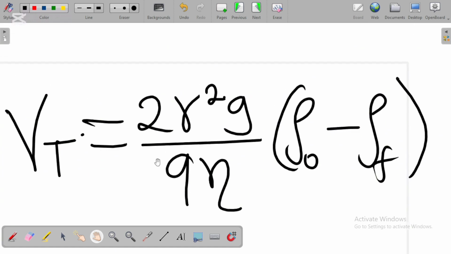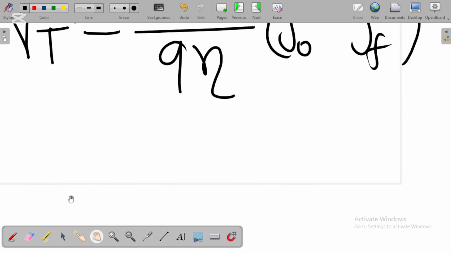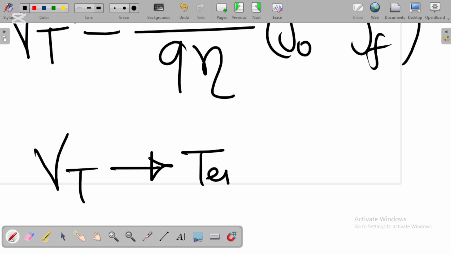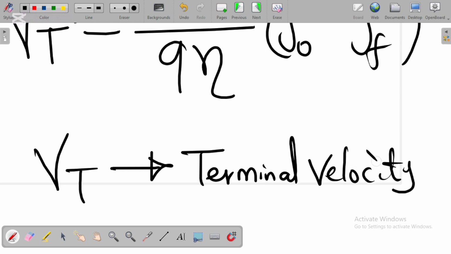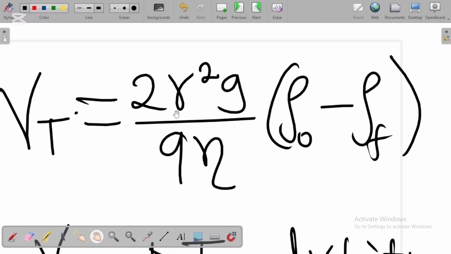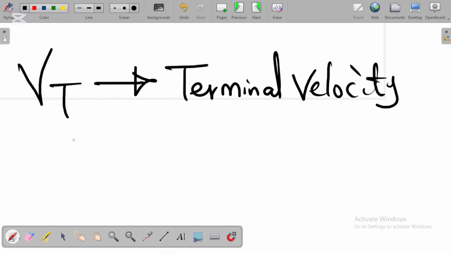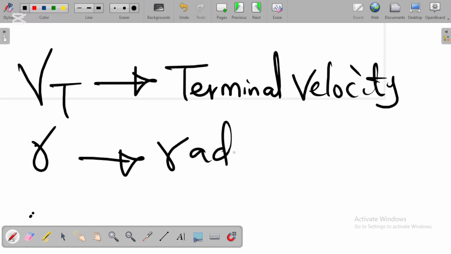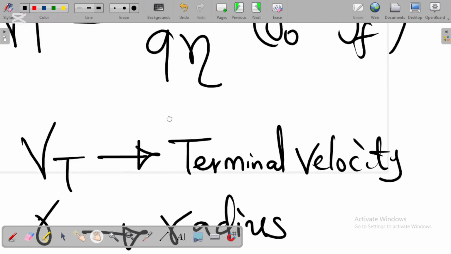Alright, now let me describe the parameters given in this formula. Vt is known as terminal velocity. And then the next parameter here is R. R is known as the radius. Alright, so what's the next parameter here?